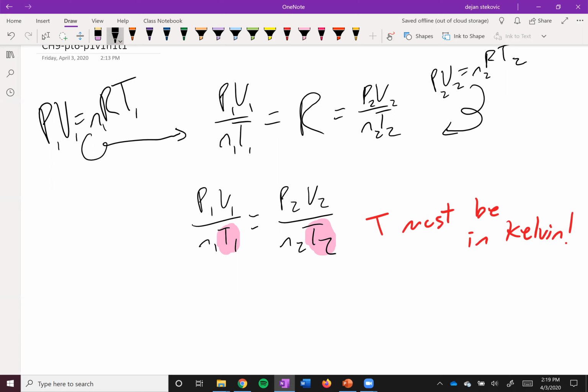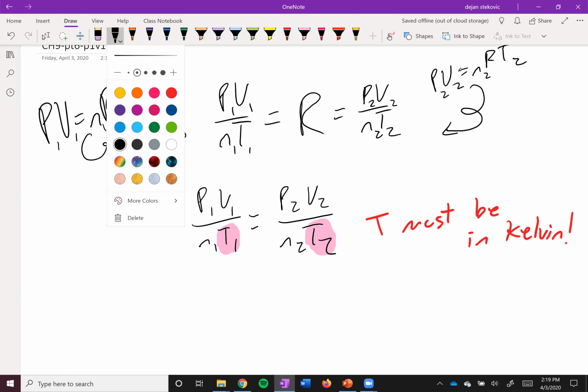The other stuff can be in different units, but the temperature must be in Kelvin. And then the second part, similar to some of the other problems, is that you assume that the rest stays constant. So let's take a look at an example.